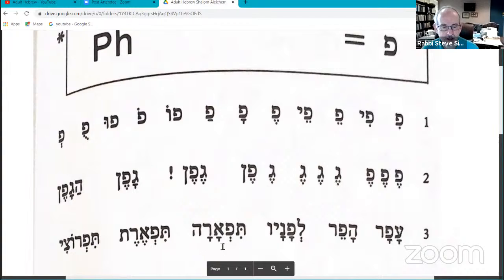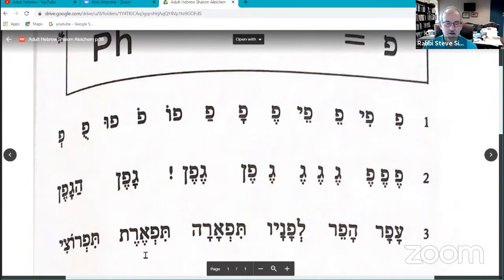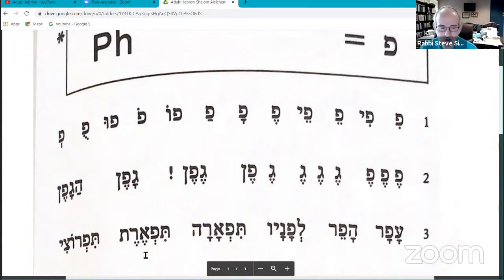The Tav Fe Aleph Resh is similar to the Tav Fe Aleph Resh. The fact that there's a He at the end and a Tav at the end is fairly insignificant in terms of conveying the main idea of the message. And actually, the main part of the word is Fe Aleph Resh, Fe Aleph Resh.